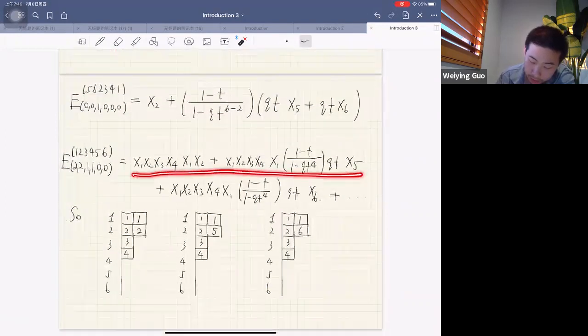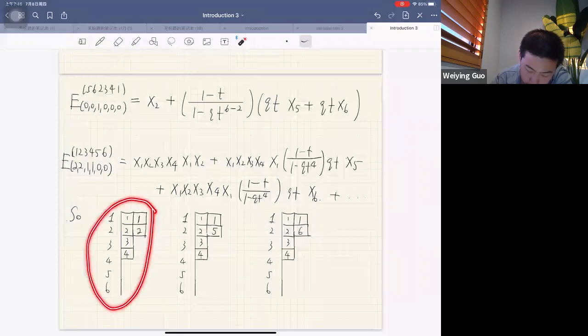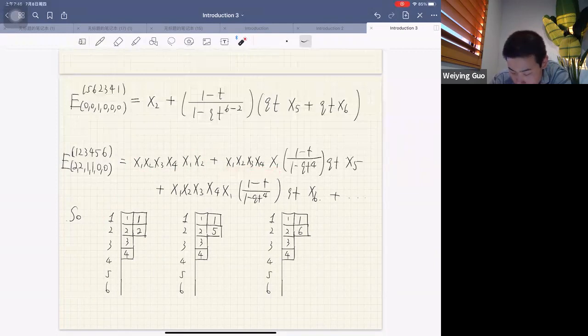We get the first 3 terms looking like this, and those correspond exactly to the non-attacking fillings. 1, 2, 3, 4, 1, 2 for the first one. You see this is the filling. Then for the second one, we have 1, 2, 3, 4, 1, 2, 3, 4, x_1, x_5, which is exactly the one I mentioned in the middle of my talk, which is 1, 2, 3, 1, 5. And the last one is 1, 2, 3, 4, and 1, 6, which gives us the non-attacking filling looking like this.